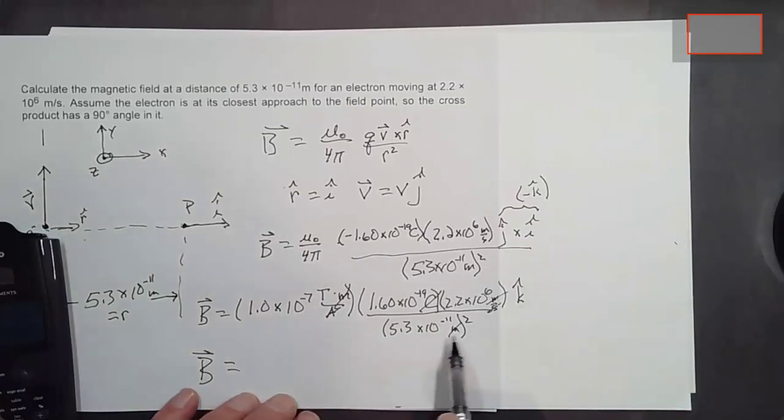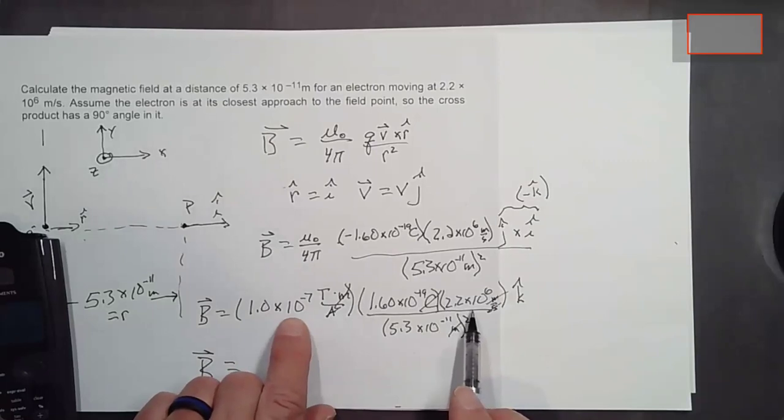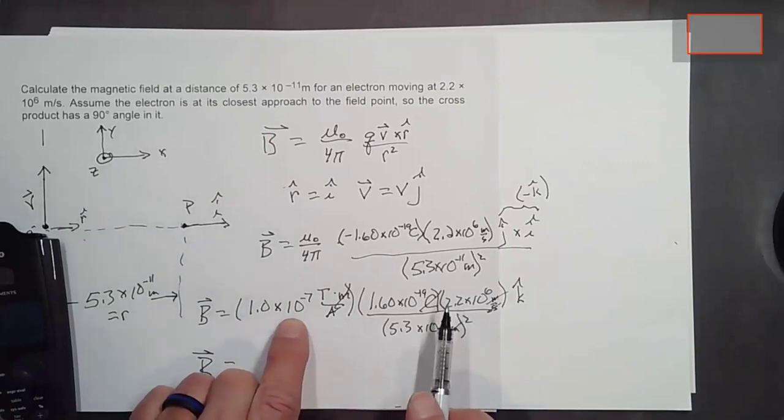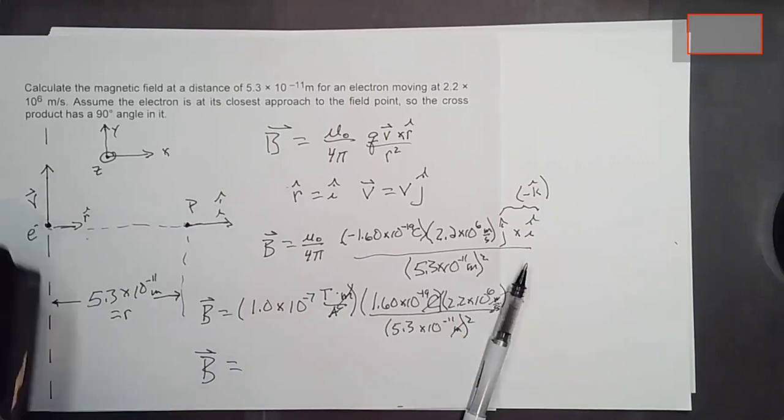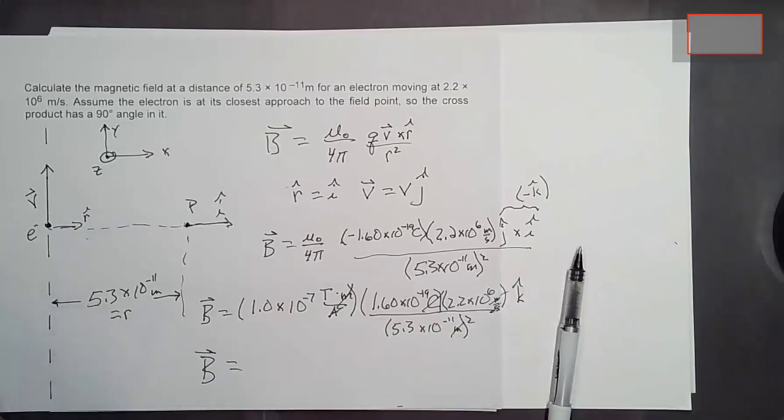Actually, that's 10 to the minus 22. I bet I made a mistake on here, like forgot the charge of the electron. Yes, I did. I forgot the electron charge. Okay, I'll just take the result I got and multiply it by that. Then you can check this yourself to see if I screwed up.